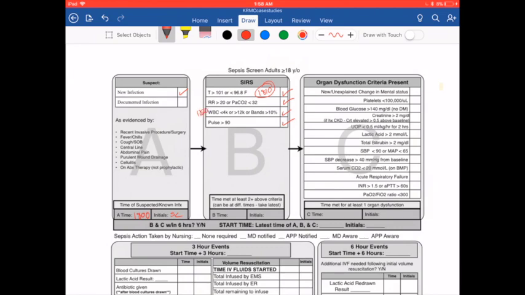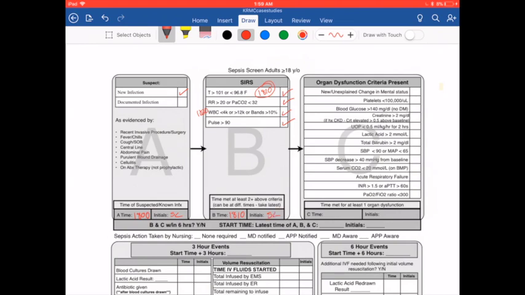So technically, the time met for at least 2 of the above criteria would be 1810 because you met 2 or more even before you got the labs. So we're going to fill out 1810 there.